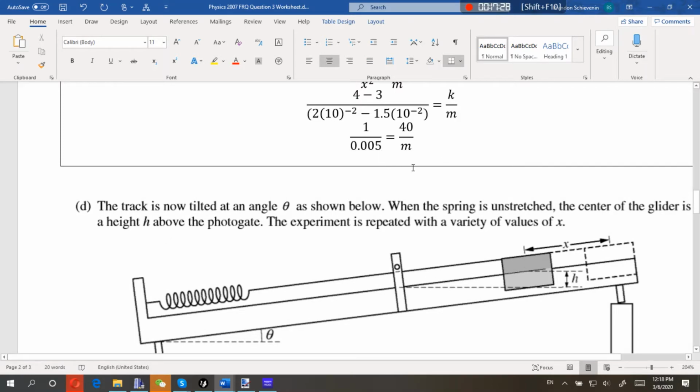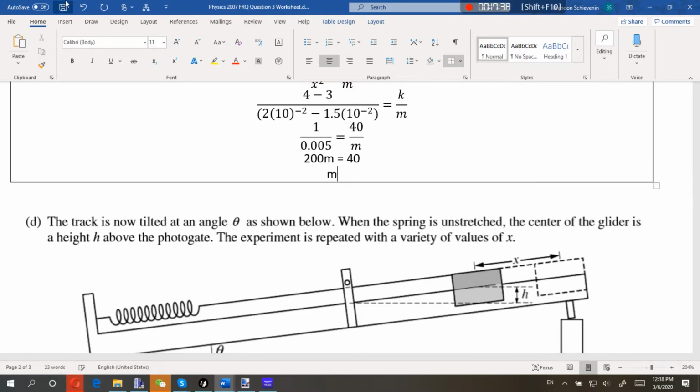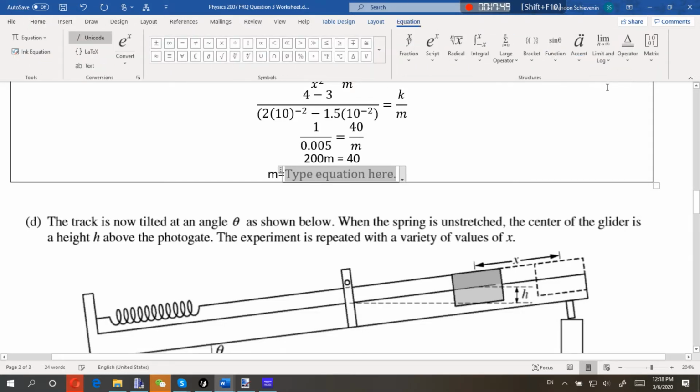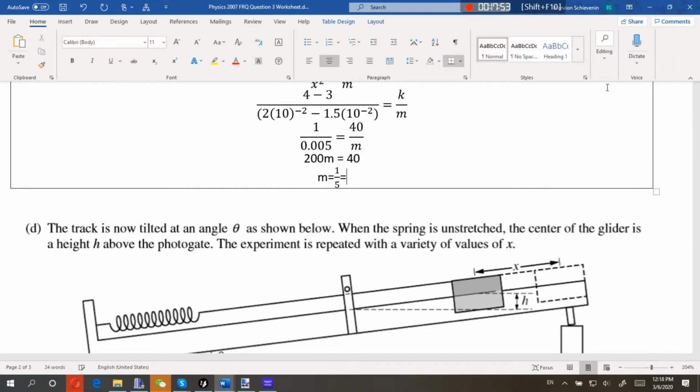Okay, so I have 200 m equals 40. Therefore, our mass is what? 1/5. Five is 0.2.